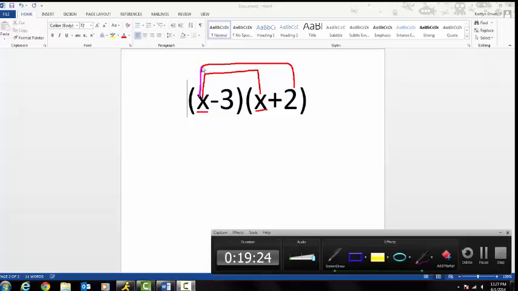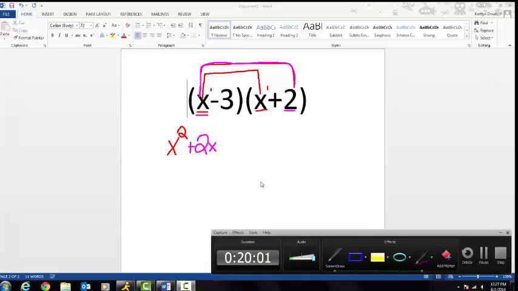and I'm going to do this one in magenta so we can see a difference here. X times x is x squared. Remember, because you have these little exponents you have to end up adding together. Okay. Now you have to multiply this and this together to get positive 2x. Okay?